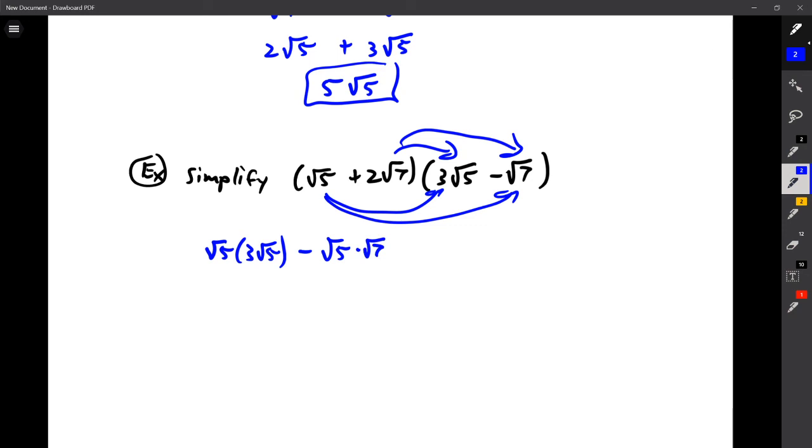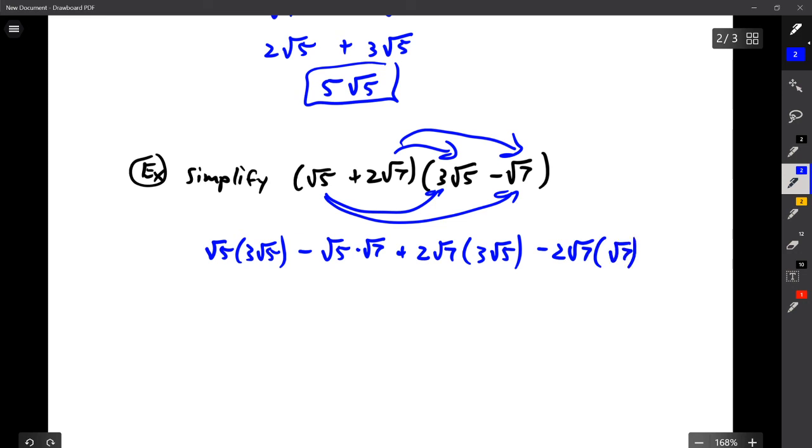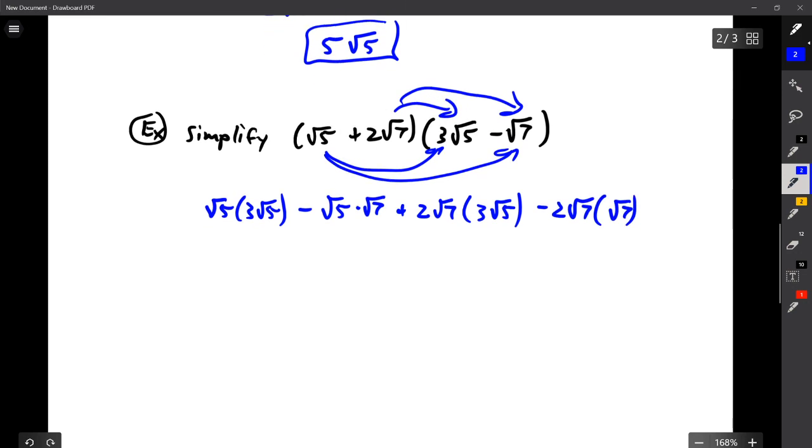Then I use the root 5 twice, and now I'm going to use the 2 root 7 twice: plus 2 root 7 times 3 root 5, and then minus 2 root 7 times root 7. Hope you're able to track with that okay.